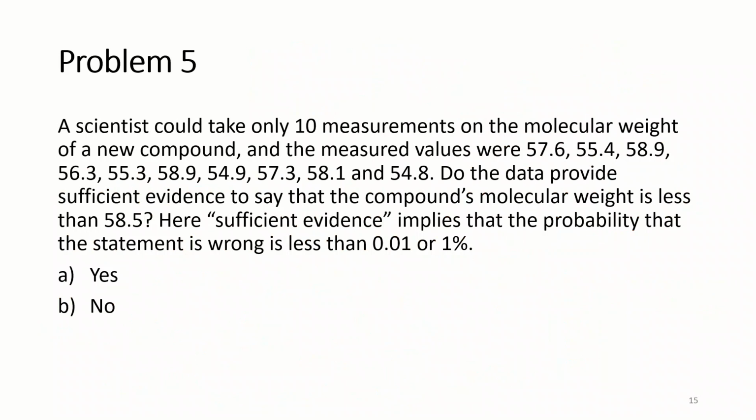So a scientist could take only 10 measurements on the molecular weight of a new compound, and the measured values are these. We have to tell, do the data provide sufficient evidence to say that the compound's molecular weight is less than 58.5? Here sufficient evidence implies that the probability that the statement is wrong is less than 1%.